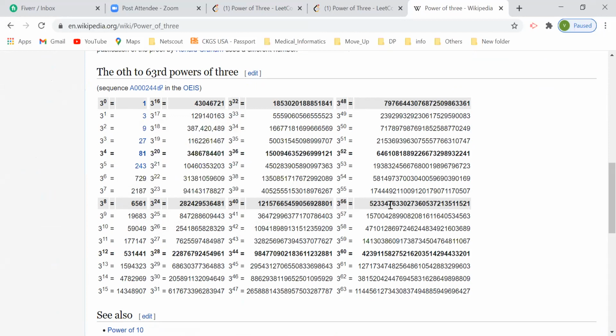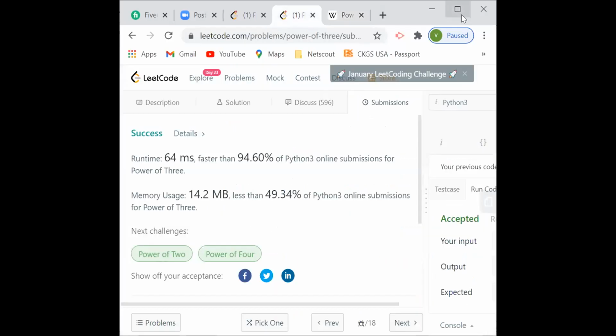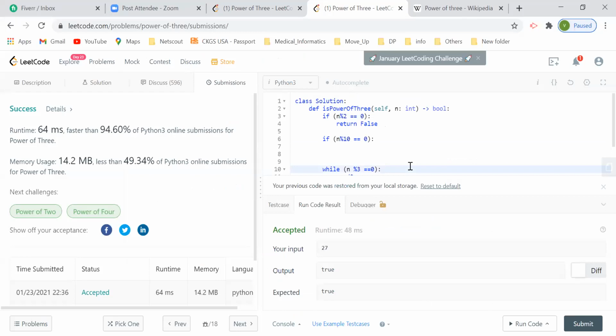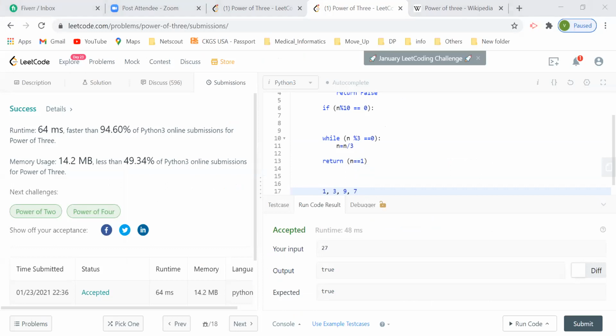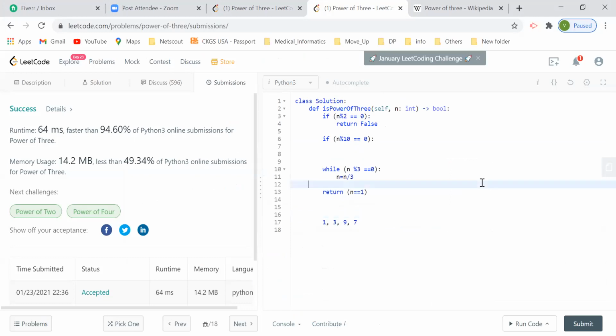So we can use that logic, right? Your last digit is 1, 3, 9, 7. So it's 1, 3, 9, 7. Then it is divisible by 3 if your number... Really?